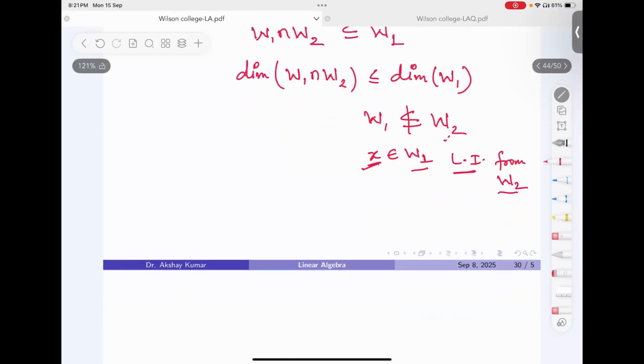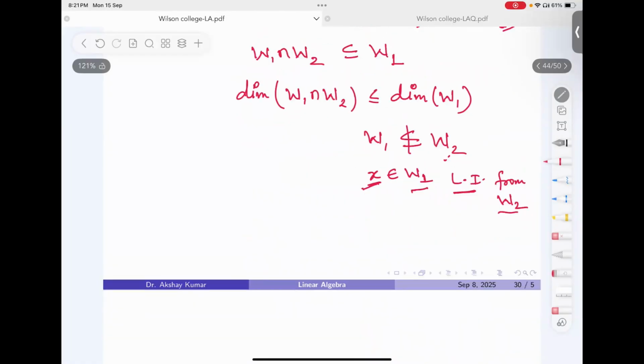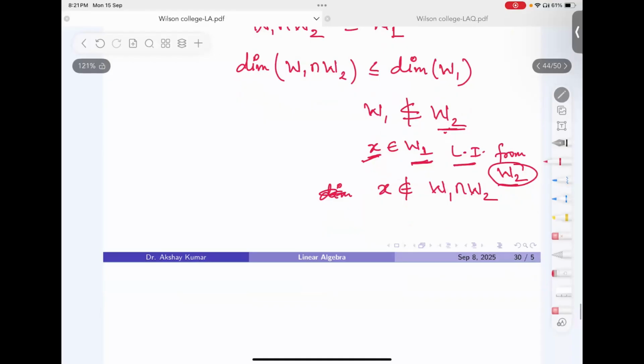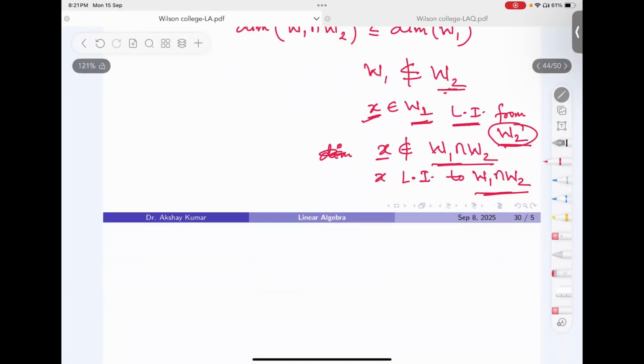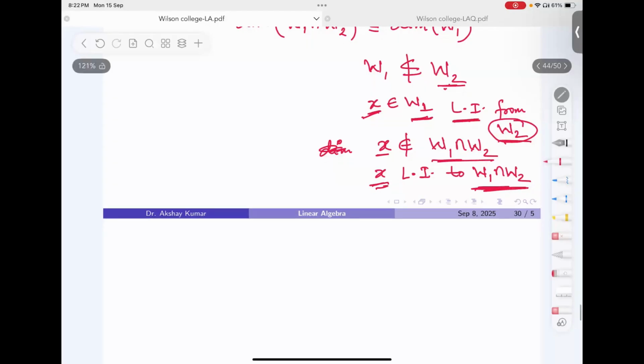Now since x belongs to W1 and does not belong to W2, x does not belong to W1 intersection W2, because x is linearly independent of W2. So x is linearly independent of W1 intersection W2, and is also a member of W1.